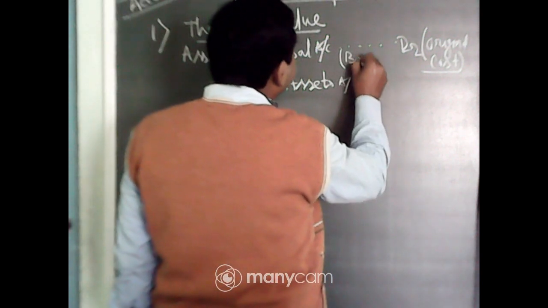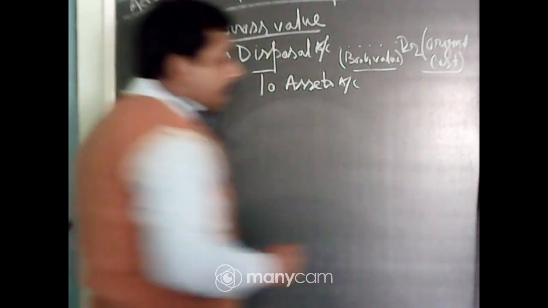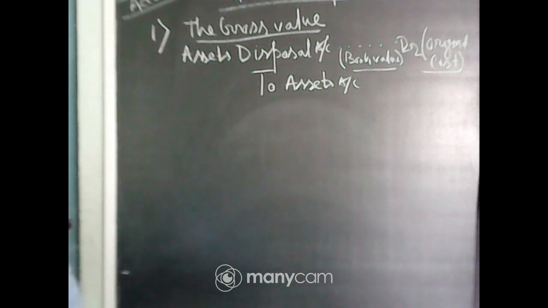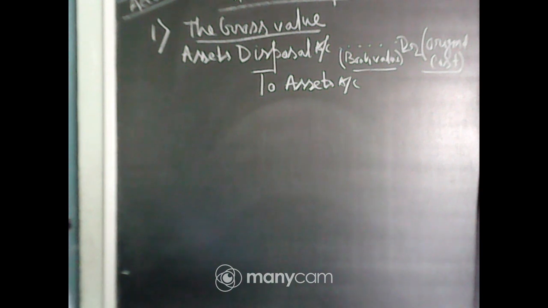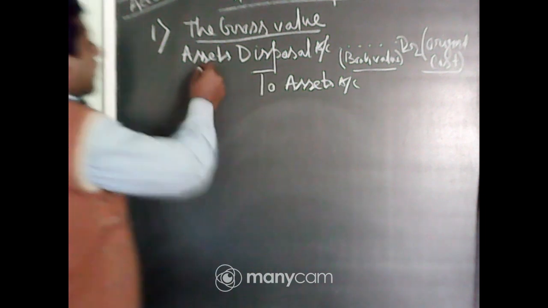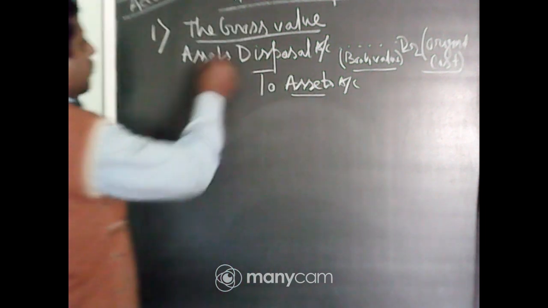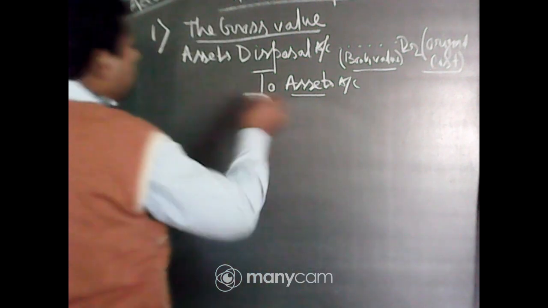Book value means asset original cost minus depreciation, and that year's value is called book value, and this book value you have to take in the asset disposal account. You will understand when we go through a practical example. Just know first what journal you have to pass. First you have to transfer the machinery, that is the asset, to the asset disposal account, so that the original cost or book value of the machinery comes.